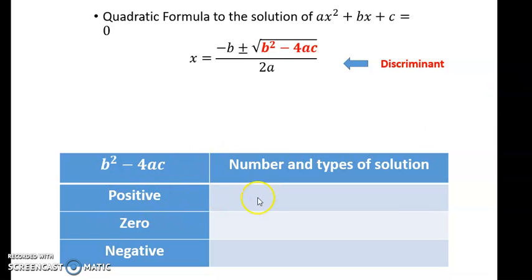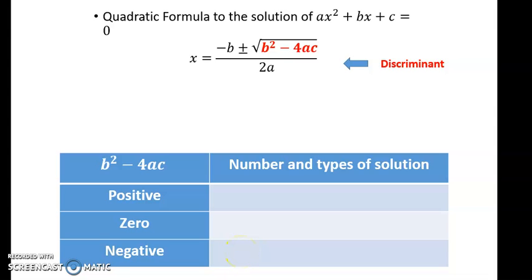If the discriminant is positive, in this blank you're going to write that you will have 2 real solutions. If your discriminant is 0, so if you plug it in and you get a 0, you are only going to get 1 real solution. Notice I'm giving you not only a number, but I'm also giving you a type, 1 real. If you have a negative discriminant, you can give 2 different answers.